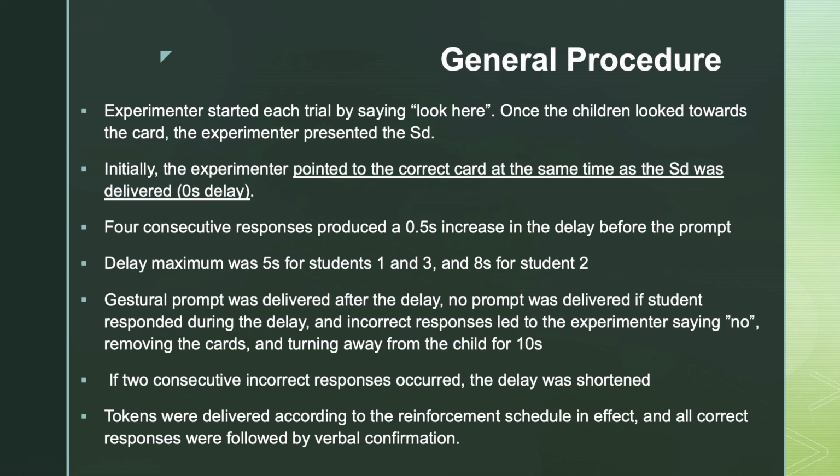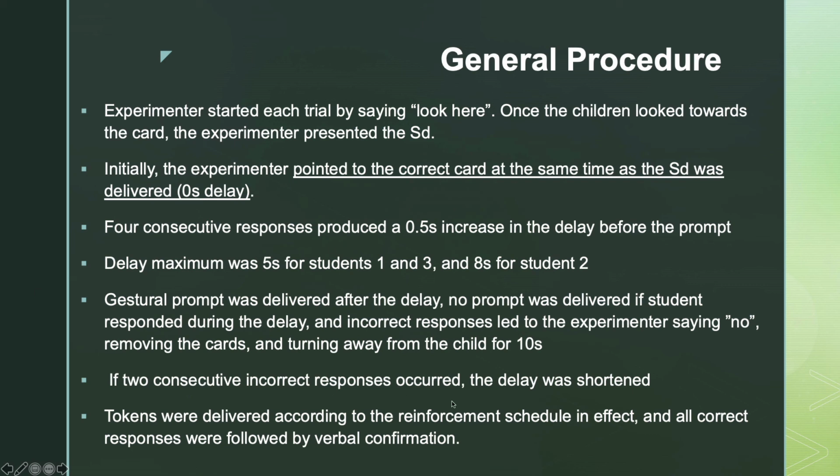The SD, for example, touch A is presented, then a 0.5 second delay. That's a very short delay. Then the point prompt is provided. Okay, so they follow this procedure until they get to a maximum of 5 seconds for 2 of the students and then 8 seconds for another student.